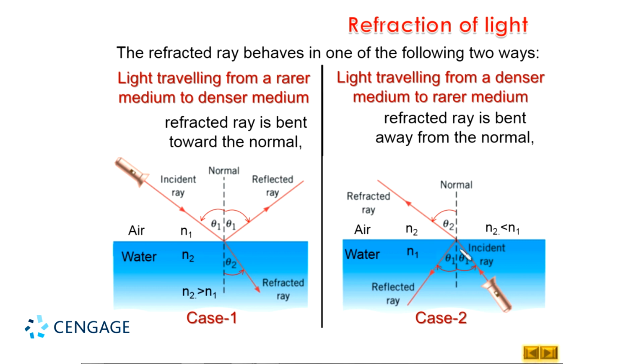We will follow this notation throughout the optics section. And the angle of refraction theta 2 depends on the angle of incidence, theta 1, and also on the refractive indices N2 as well as N1 of the two media. The relation between these quantities is known as Snell's law of refraction. So let us learn Snell's law of refraction.